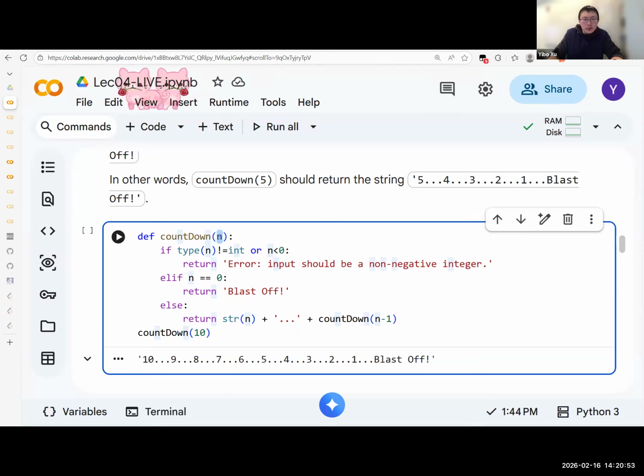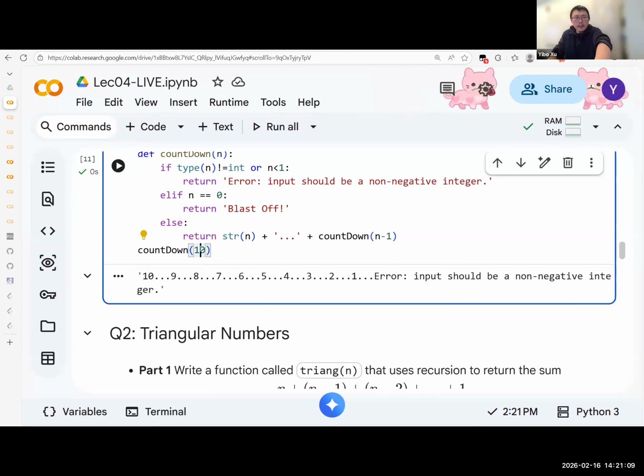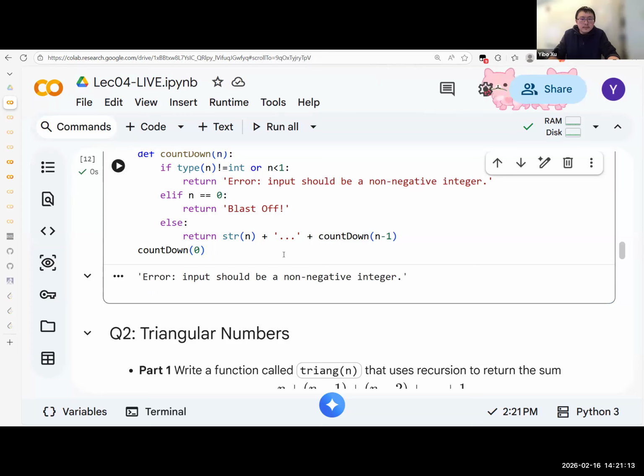So you would want your time to be positive. Let me make it so that if it's less than 1, it gives me an error. So let's try that.